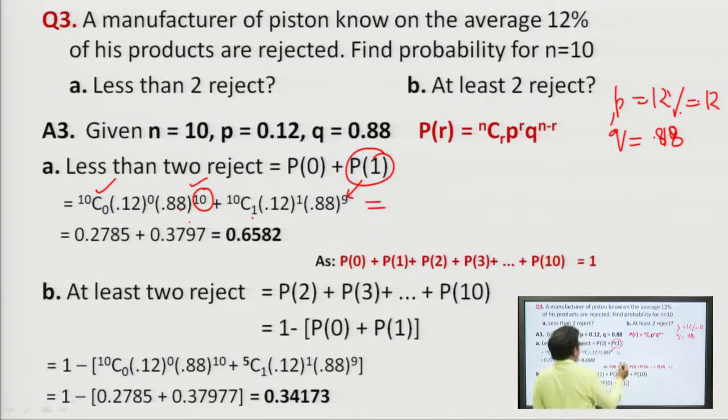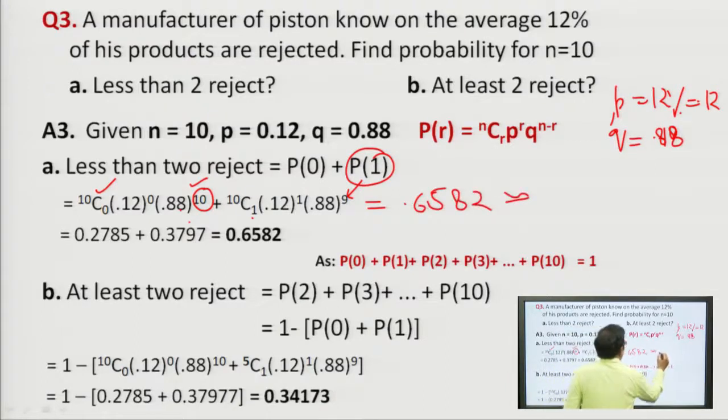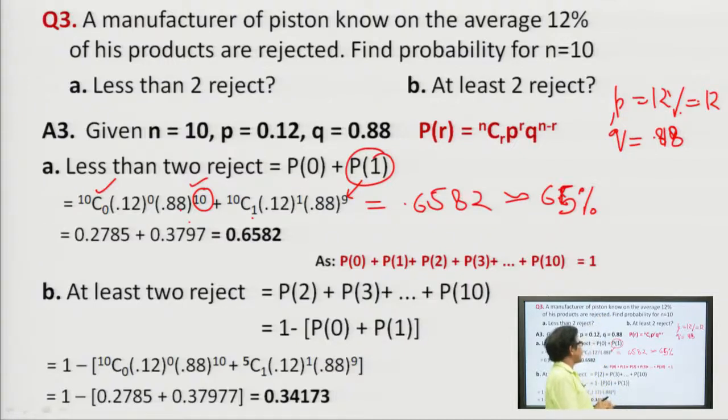Simplify it, we get the numerical value 0.6582. It means there is almost a 65% chance that less than 2 products of his dispatch are rejected. Second case, at least 2 rejected.